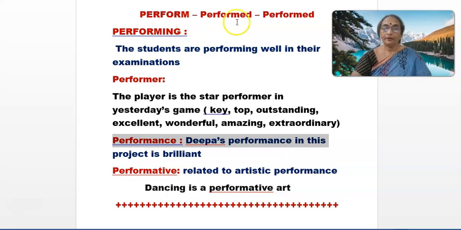Perform is present tense, performed is past tense, performed is past participle, and performing, this ing form of the verb, we say it is the present participle. Okay, let us leave all these names.